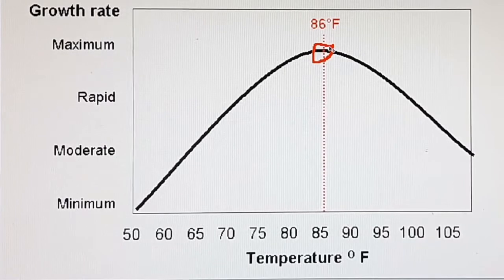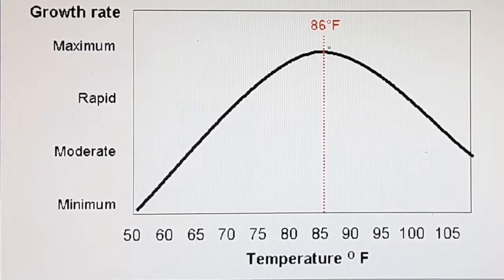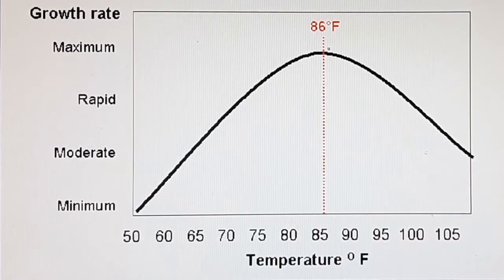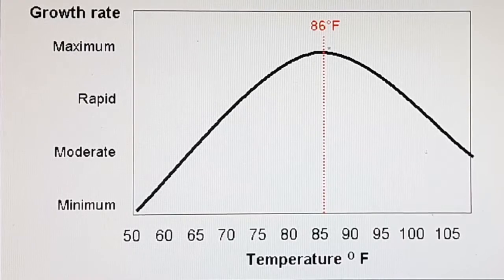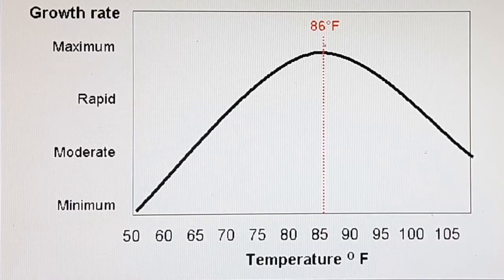Most things in biology, if you graph a feature by what's affecting it, you will get a bell-shaped curve similar to this one. And so what they have done, you have just the exact temperature for its maximum growth, and then it starts to drop off right away.